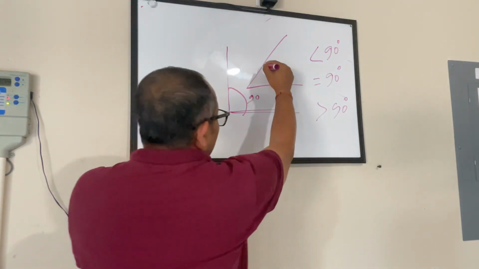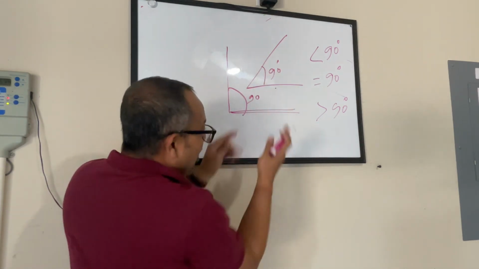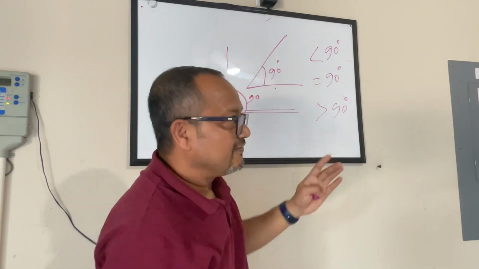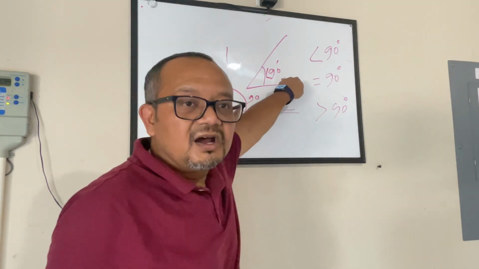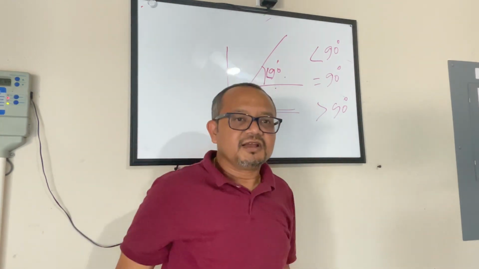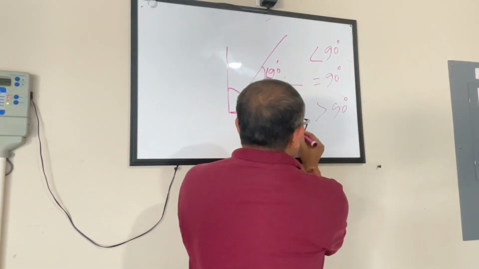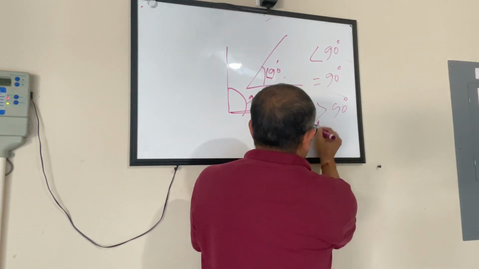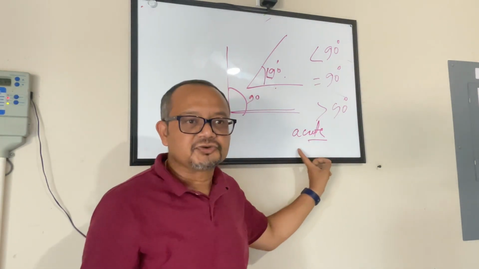Second situation is when this is less than 90 degrees. When the wall is about to fall, okay? Everybody will move. Less than 90 degrees, this is a smaller angle. Anything that is small, that is cute, right? So it's called an acute angle.